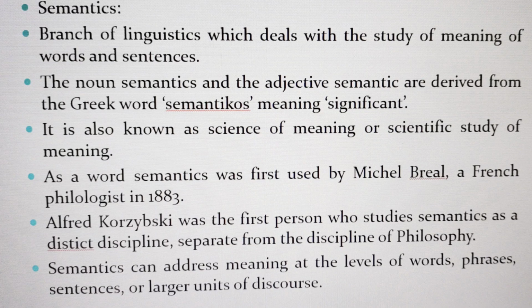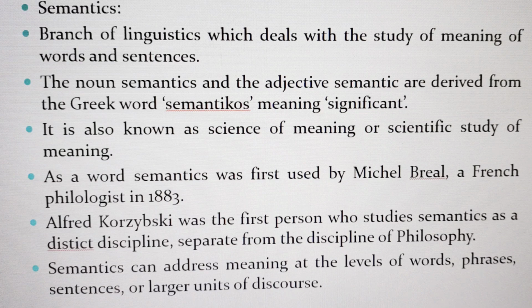As a word, semantics was first used by Michel Bréal, a French philologist, in 1883. Alfred Korzybski was the first person who studied semantics as a distinct discipline separate from the discipline of philology.